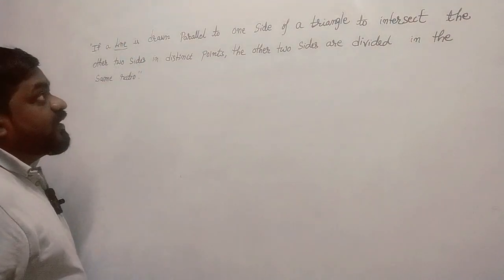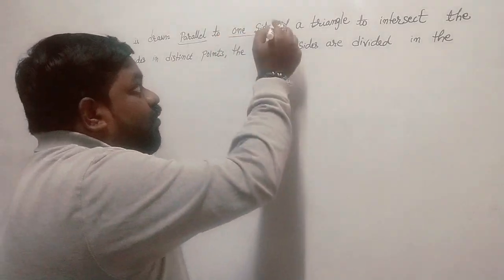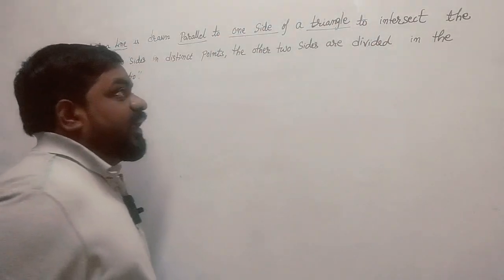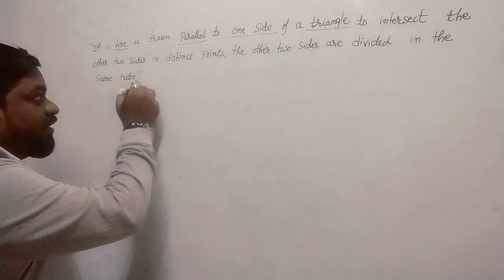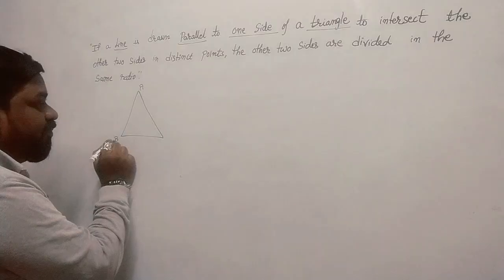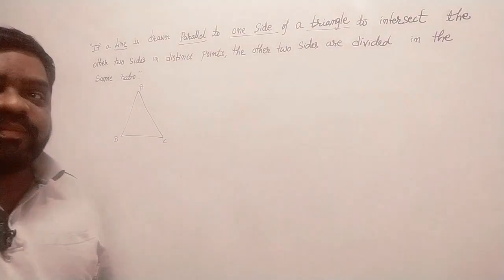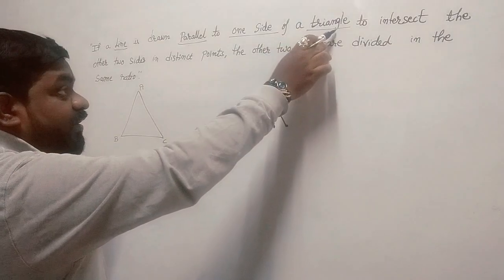If a line is drawn parallel to one side of a triangle, first draw the triangle and name it A, B, C. It is given a line is drawn parallel to one side of the triangle.